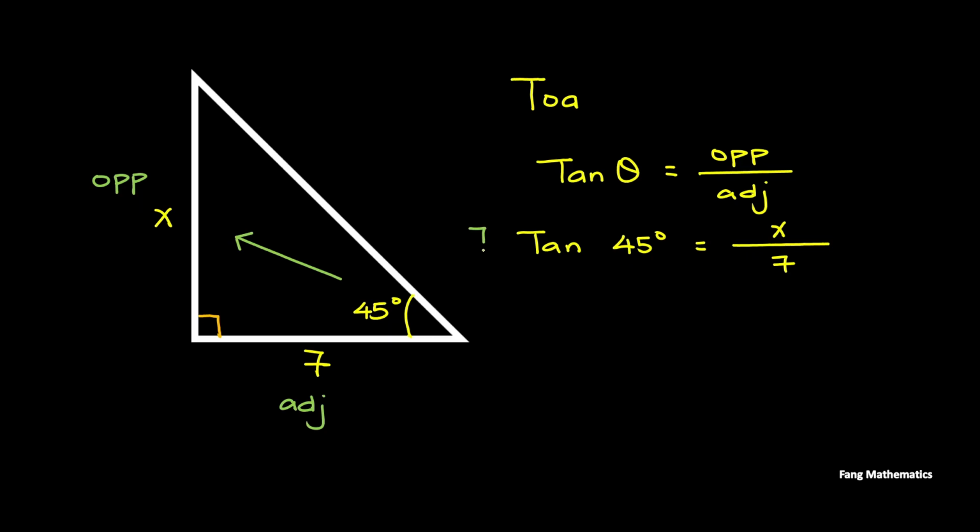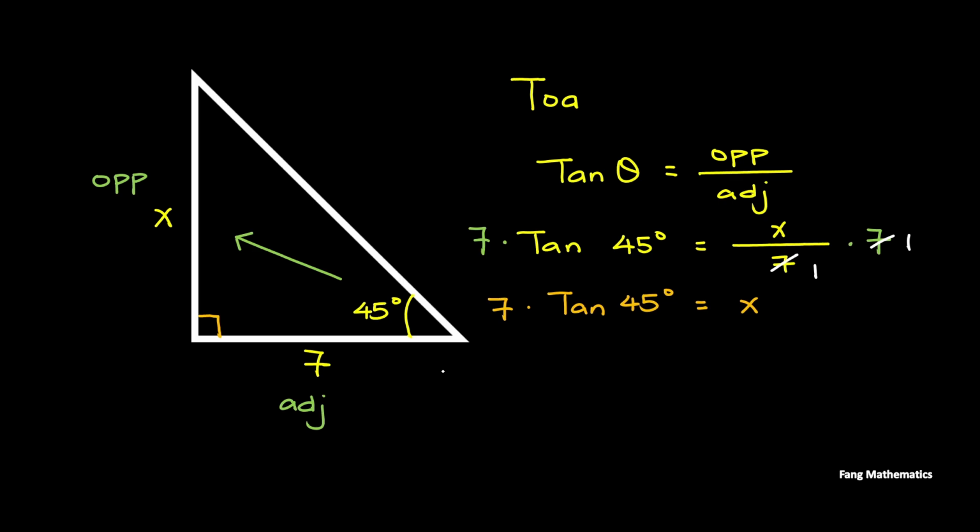We are to multiply both sides by 7 to get rid of the 7 that is on the denominator. On the left-hand side, I believe you should get 7 times tangent 45 degrees is equal to, on the right-hand side, 7 and 7 get eliminated, leaving you x. Our last task is to deal with the tangent 45 degrees.